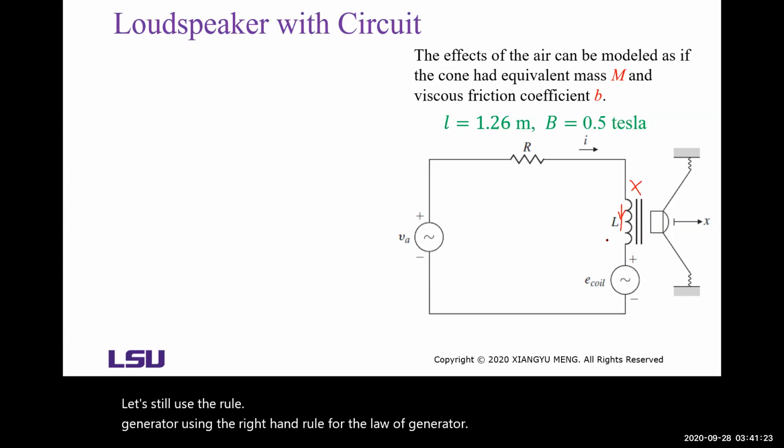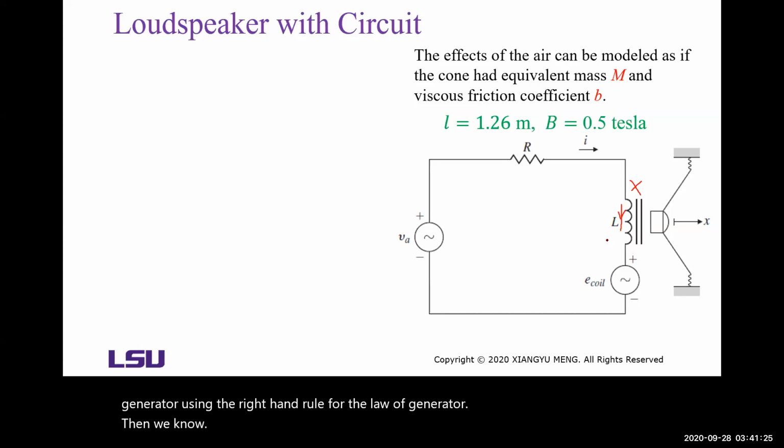Then we know thumb is the direction of motion. That will be to the right. Then forefinger is the direction of the magnetic field, into the page.